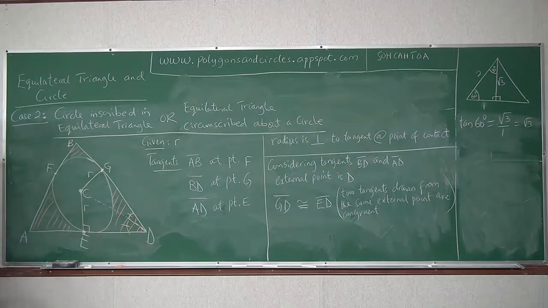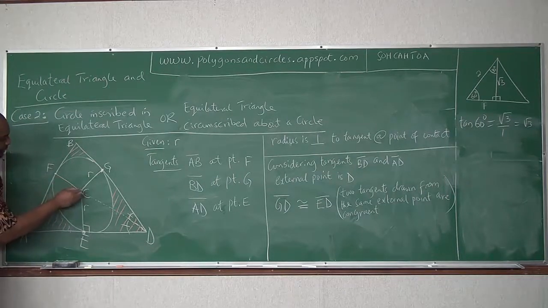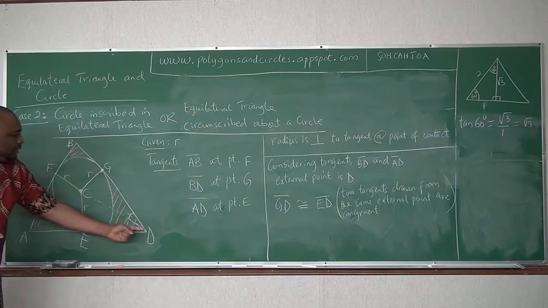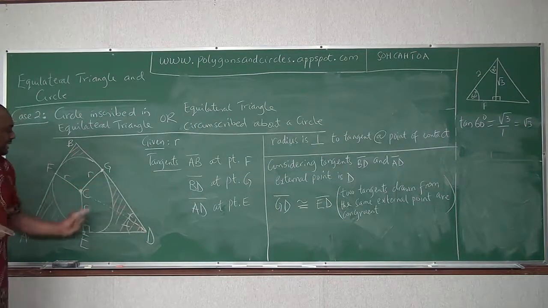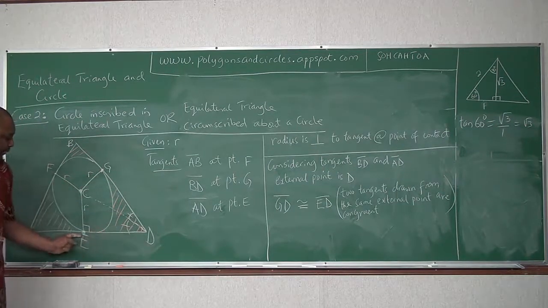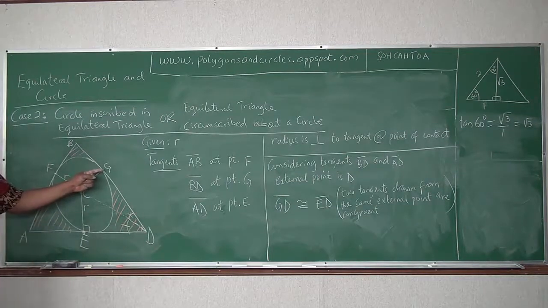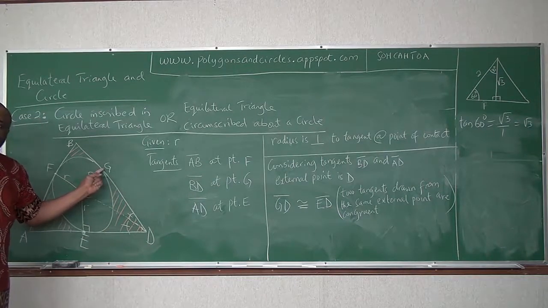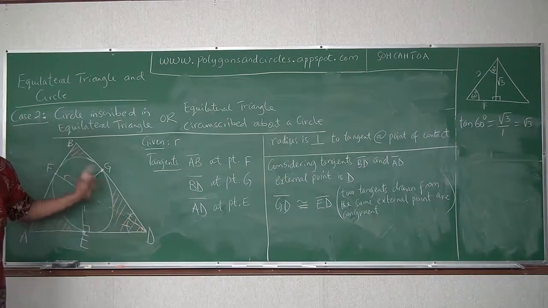This is a radius at their point of contact. This is also a radius. So first thing, number 1, the radius is perpendicular to tangent. That's 1. 2, two tangents drawn from the same external point are equal in length.